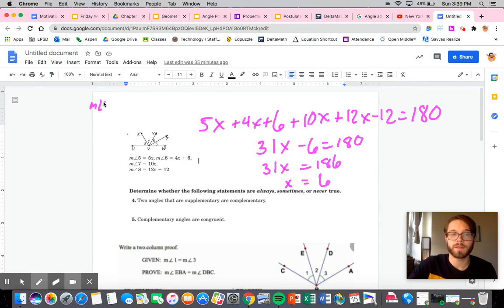So the measure of angle 5 is equal to 5x, so 5 times 6, which is 30. The measure of angle 6 is equal to 4 times 6, which is 24, plus 6, which is also 30. The measure of angle 7 is going to be 10 times 6, which is 60.